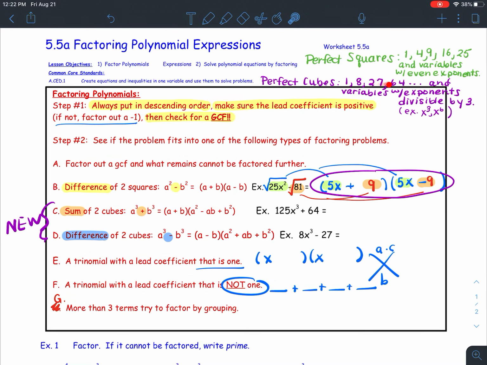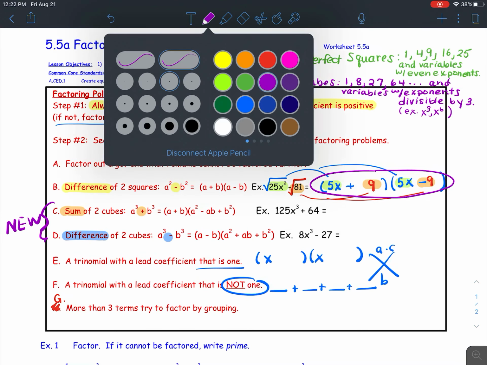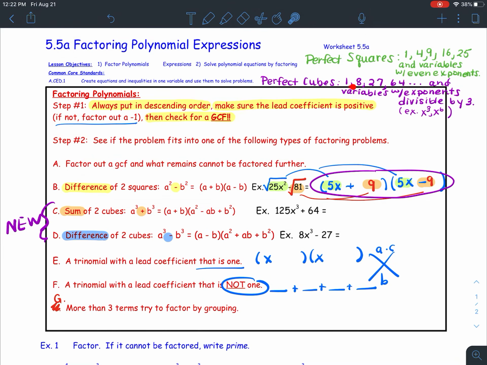We need to make sure that we know what makes a number a perfect cube and what would make a variable a perfect cube. Well, some examples of perfect cubes are 1, 8, 27, 64, 125. You're probably less familiar with numbers that are perfect cubes, but if on your calculator you hit the math button, and then choose option number 3, that is the cubic root button.